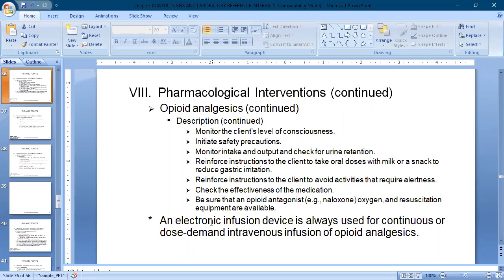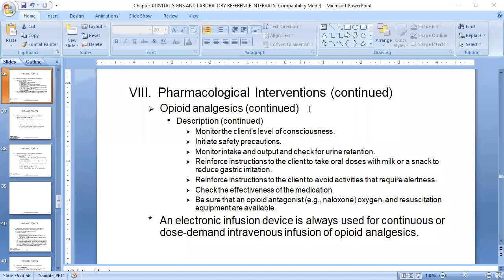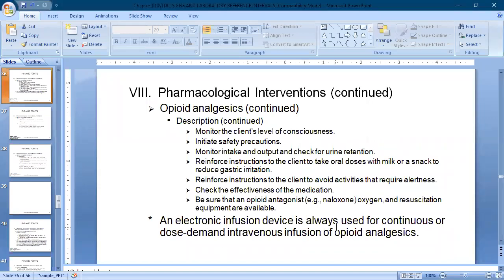Right? The electronic infusion device is always used for patient-controlled or dose-demand intravenous infusion of opioid analgesics.